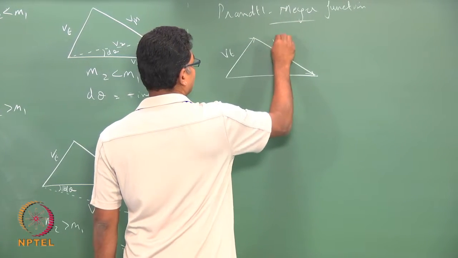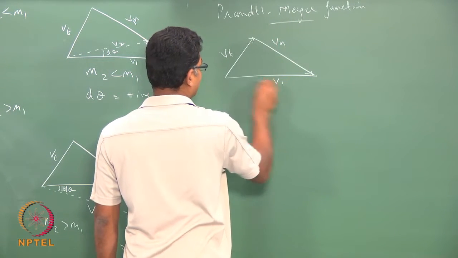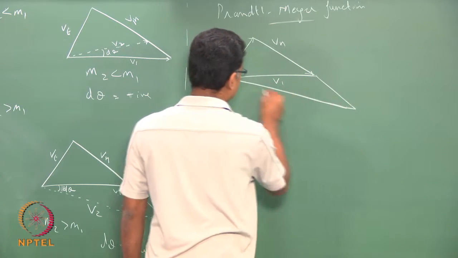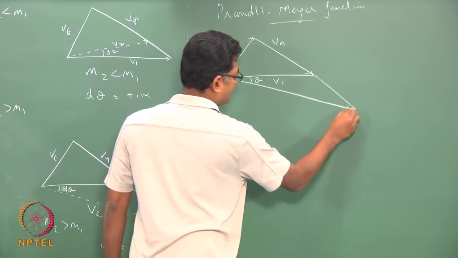V tangential, Vn, this is V1, and I make a small turn d theta, I get V2.